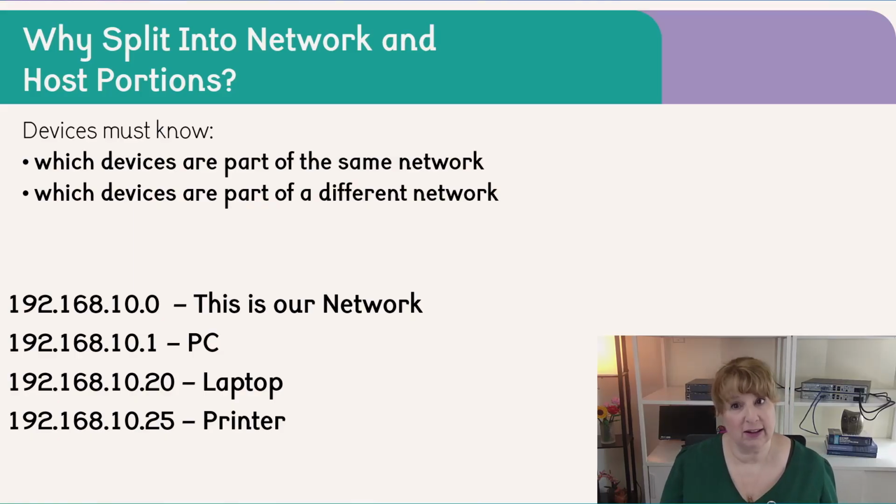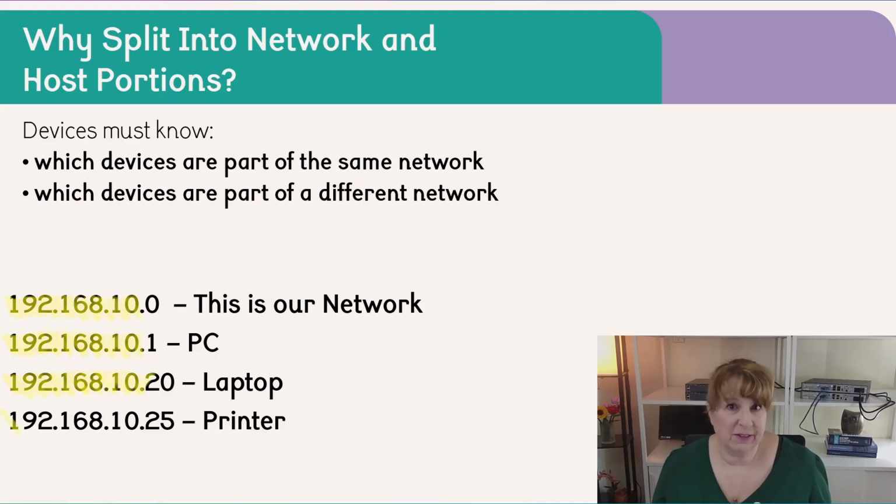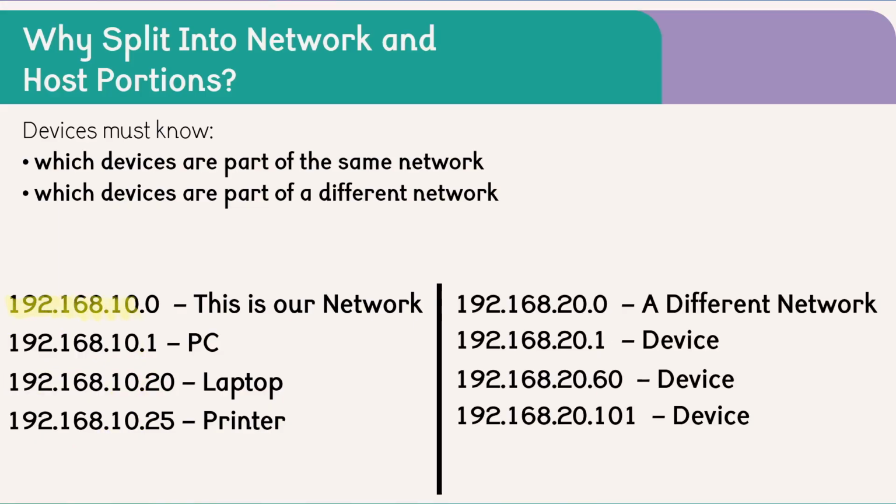For example, if we have our 192.168.10.0 network, and then a few devices on that network, in this case a PC, a laptop, and a printer, the devices on that network can communicate with each other without any special networking equipment. But if we have devices on another network, maybe a 192.168.20.0 like we have in this example, then the .20 makes this a different network.